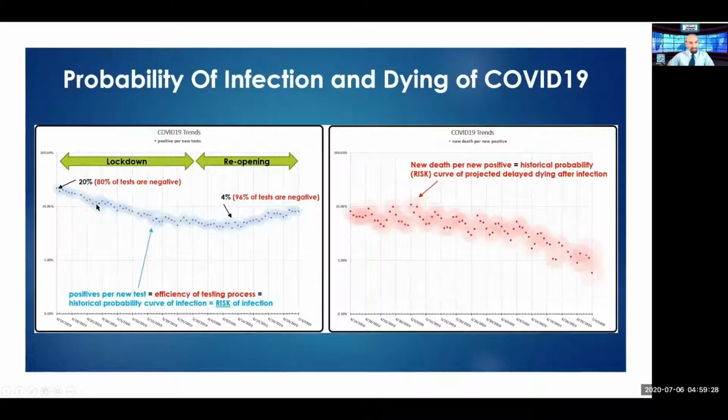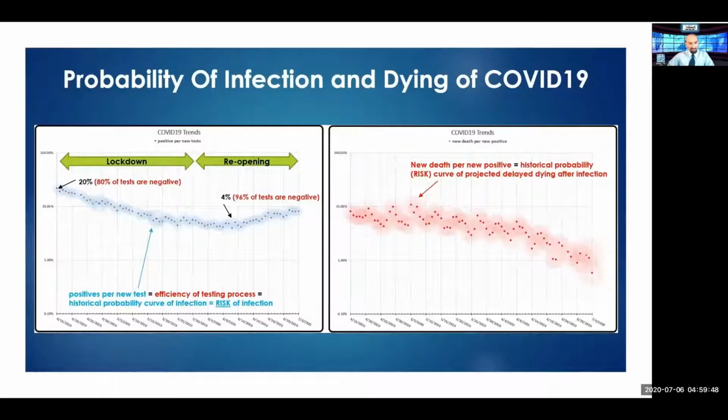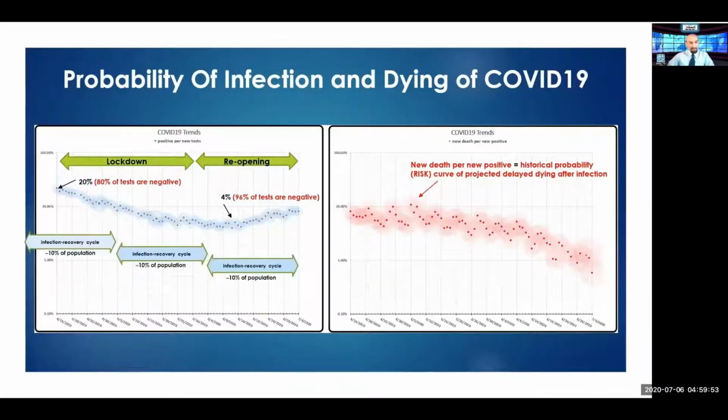There is a delay, and based on what we know about infection, incubation, and transmission, a full cycle takes about 3 weeks to a month. So since the beginning of the pandemic, we may have gone through maybe 3 or 4 full cycles of infection to recovery.